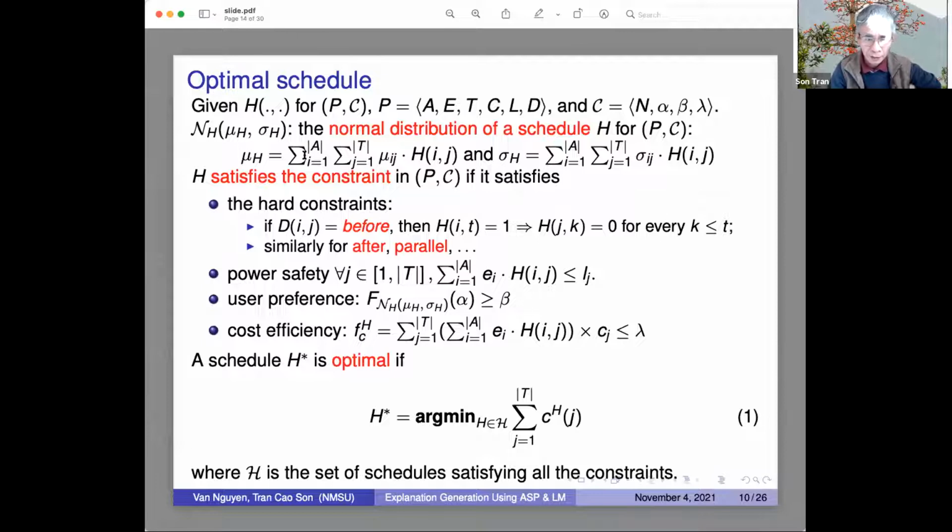Basically, it's the summation of the standard deviation and the mean at each cell. So H_ij here is on or off, so it's 0 or 1.